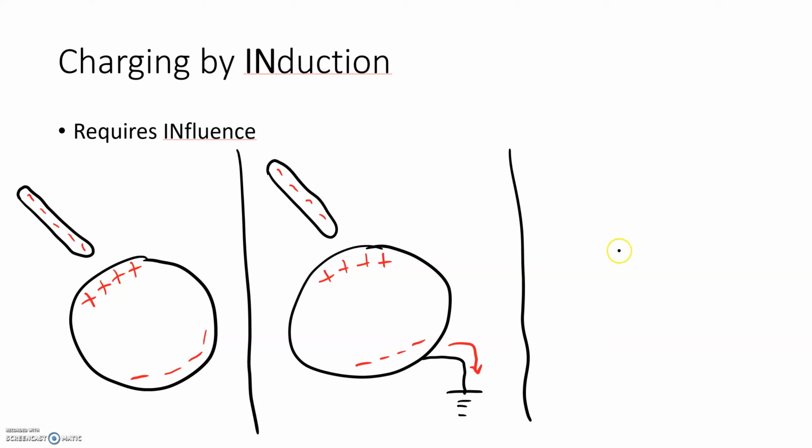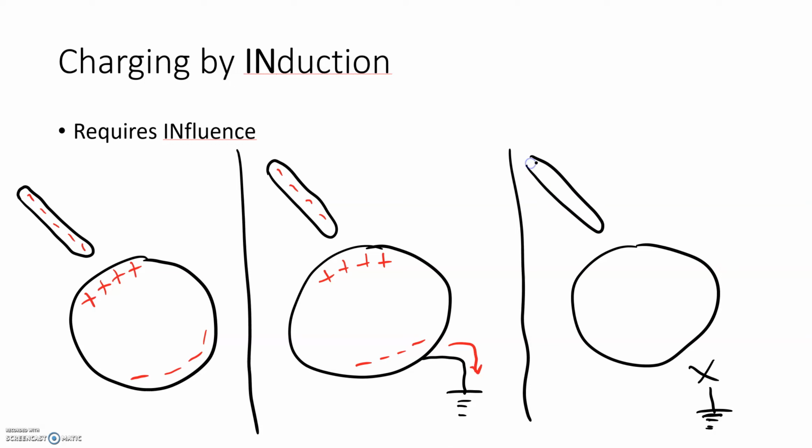So once I allow those negative charges to escape, and then I break that wire that goes to ground, what I end up with is I still have a negatively charged rod, because it's just sitting out there influencing the sphere, but the excess negatives on the sphere have left, and so I'm left with positive charges on the sphere, which spread out as the rod is removed.